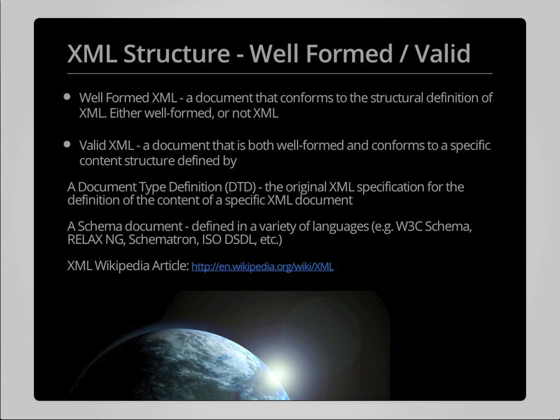The second level of XML structure, which relates more to specific applications that are based upon XML and the specific content that is encoded in XML for those applications, is the concept of valid XML, which starts with a well-formed document meeting the structural requirements of XML, but then also there is a specific model that is defined using an external specification in a number of different languages, where that specification defines the actual element names that might be used, which elements are required and which ones are optional, what the content of those elements might be in terms of different variable types, different values, how those elements may relate to each other in terms of nesting or relationship.